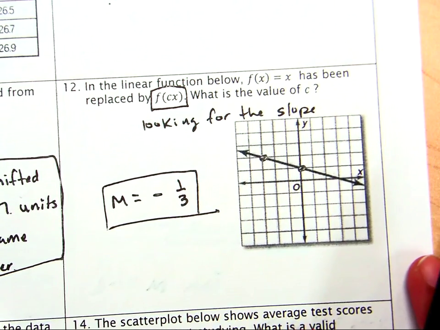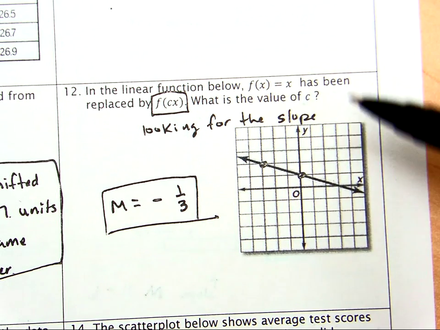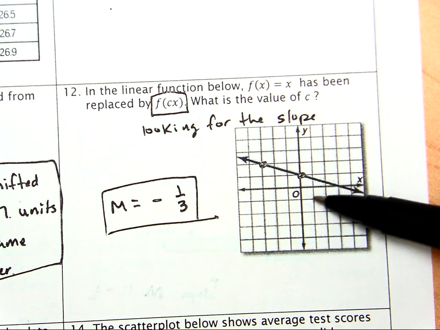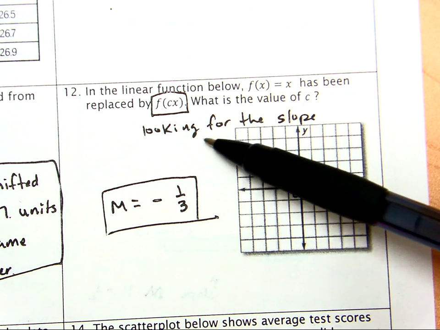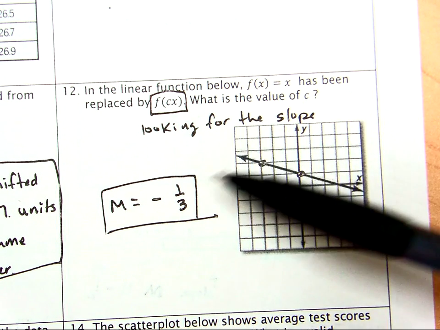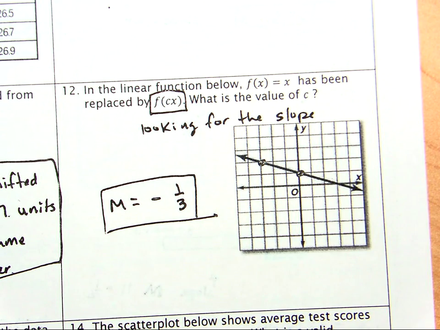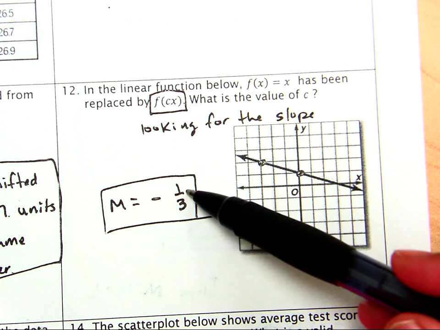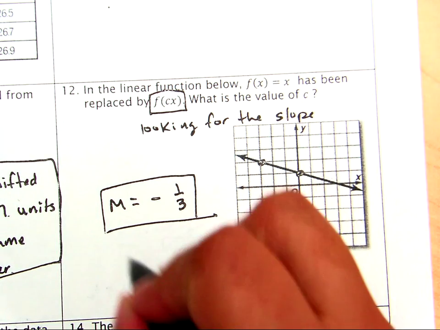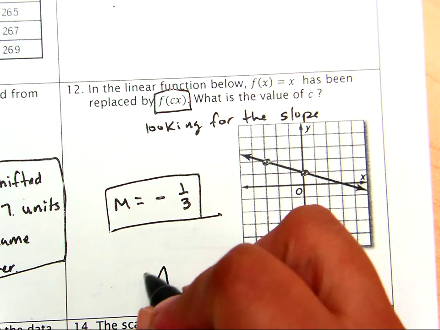Okay, I don't know if y'all remember, I said yesterday that I didn't care for this problem all that much. I just need you to know tomorrow on your test, when it has this problem, you need to know that it's looking for the slope. So you should know that the slope is negative because of the way it's slanting. Just in case, remember, this is positive, this is negative.